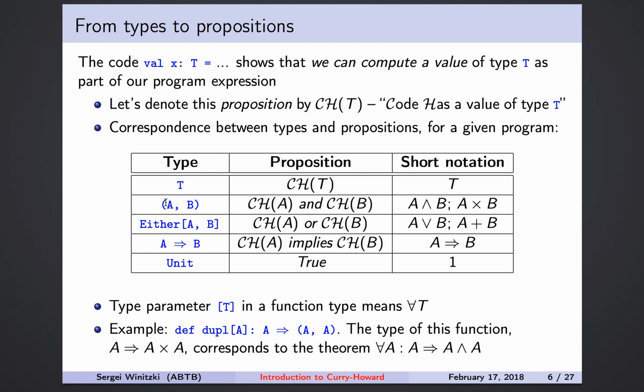So if you have a tuple (A, B), and you have computed the value of this type in your program, it means you have computed a value of type A, and also you have computed the value of type B, some value of type B. So CH of the tuple (A, B) is CH of A and CH of B as propositions, where AND is the logical AND, logical conjunction of propositions.